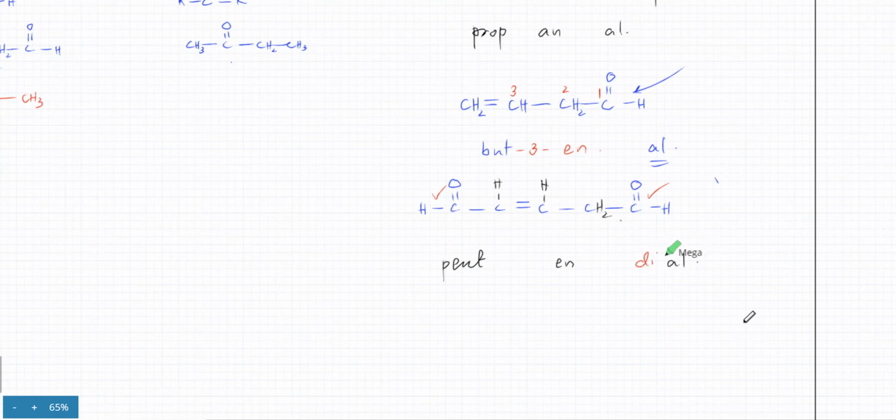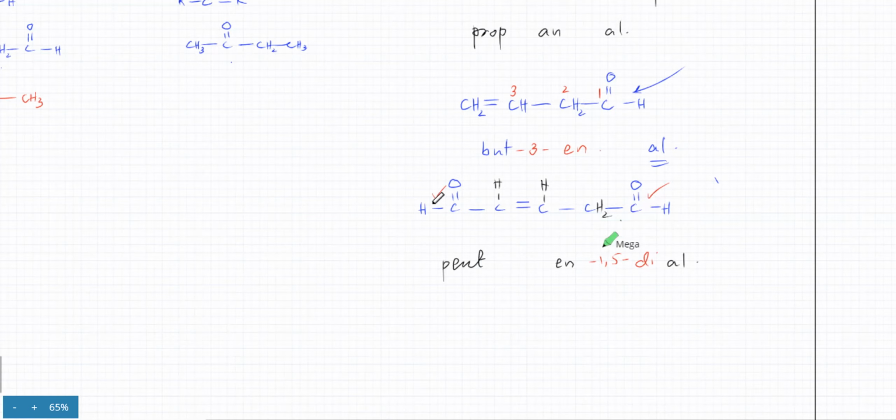Now it's up to you. You can mention the position. One of them is at number 1 and the other one would be at number 5. But for aldehydes, that's your choice. Even if you don't mention the position, if there are two aldehydes, then the chain has two ends.